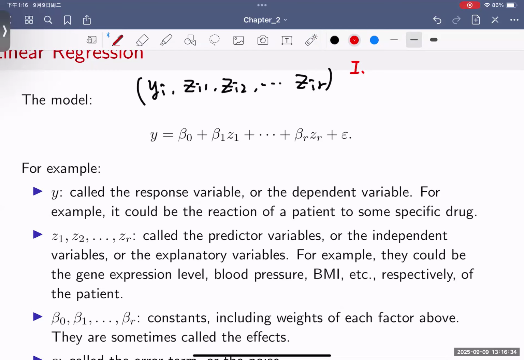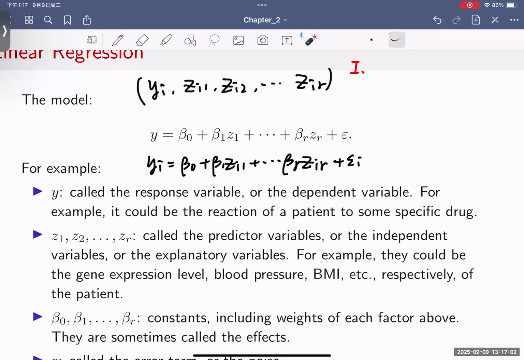Here we have n data, so our yi looks like this; let me rewrite.